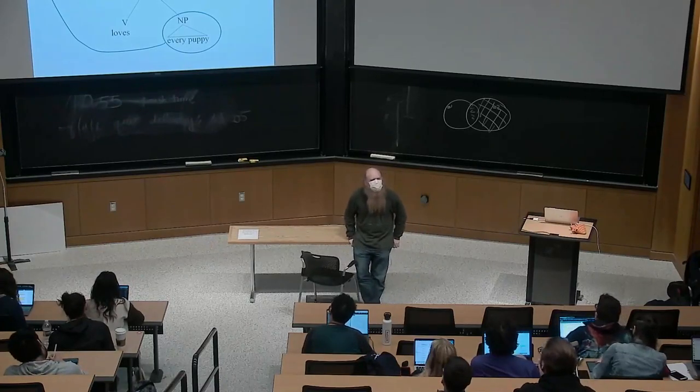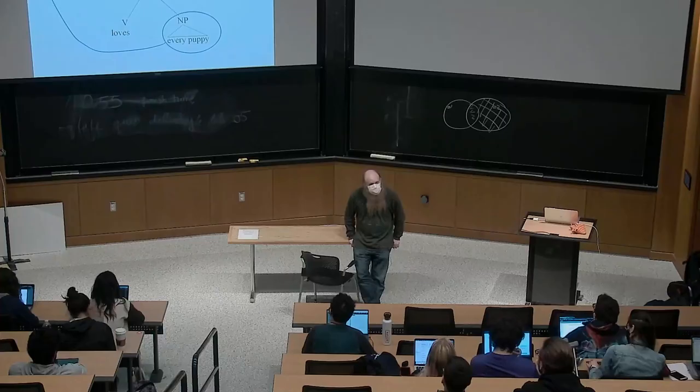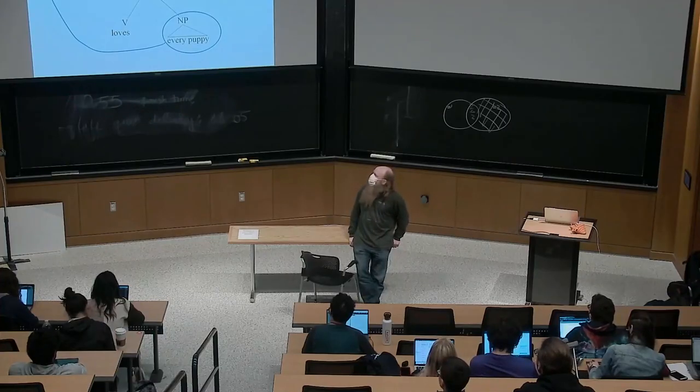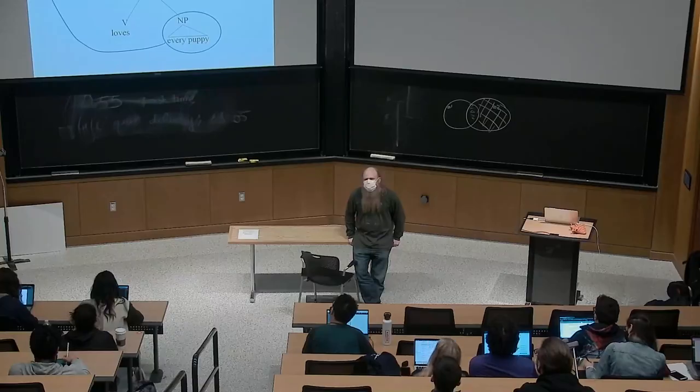But actually, in semantics, there's also movement going on, possibly movement of an even sneakier and weirder kind. There's lots of evidence that the reason the sentence is ambiguous is that there's an optional operation that takes the object, every puppy, and moves it to a position above some child in the process of interpreting the sentence.